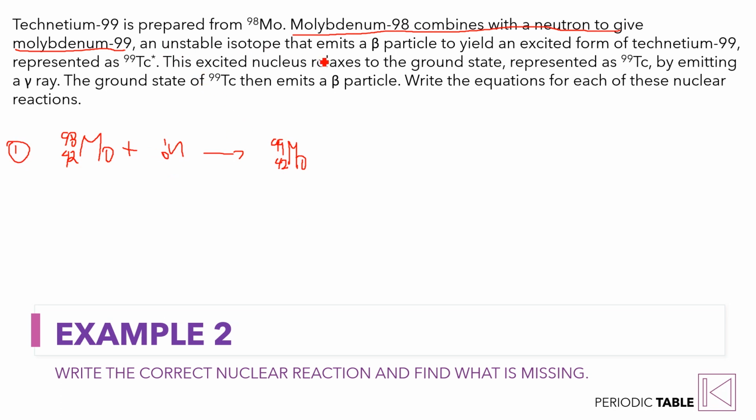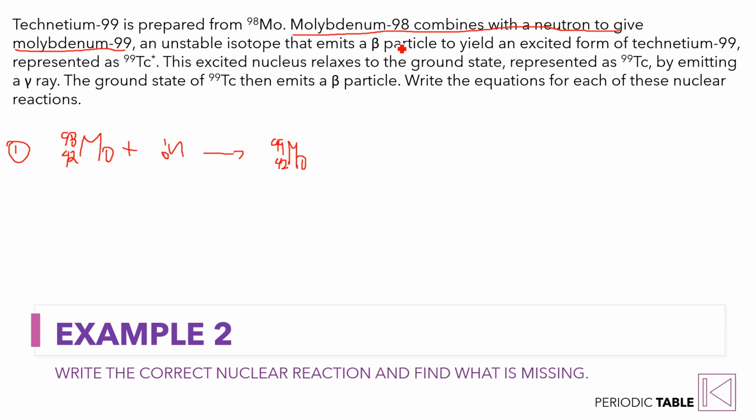Next, an unstable isotope that emits a beta particle to yield an excited form of technetium-99. So, this molybdenum 99 is an unstable isotope daw. Unstable meaning hindi siya stable, mataas ang kanyang energy.